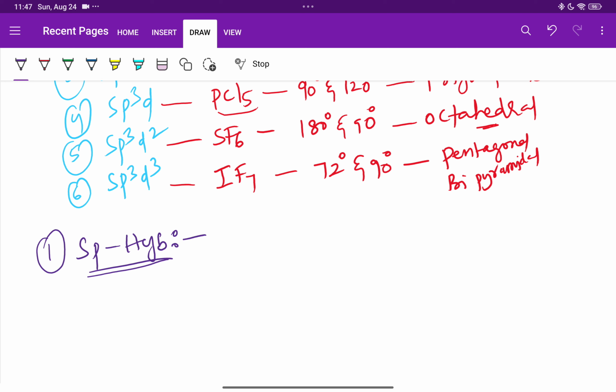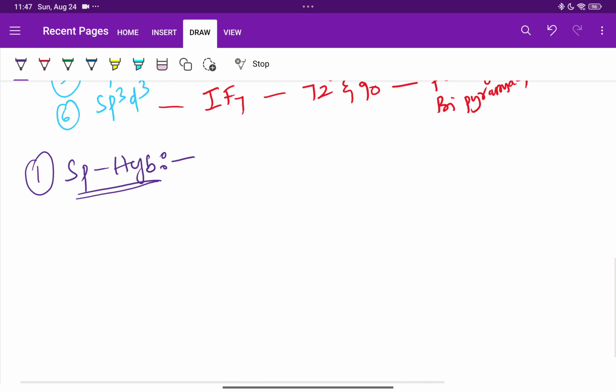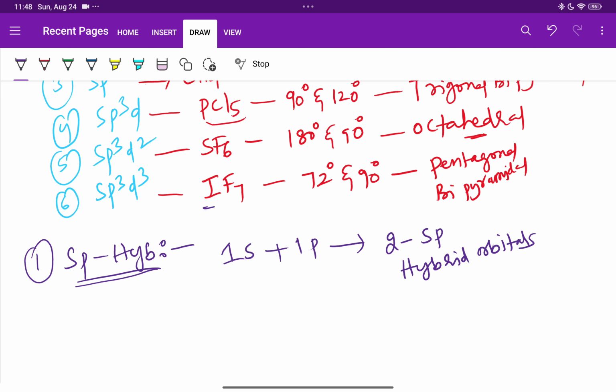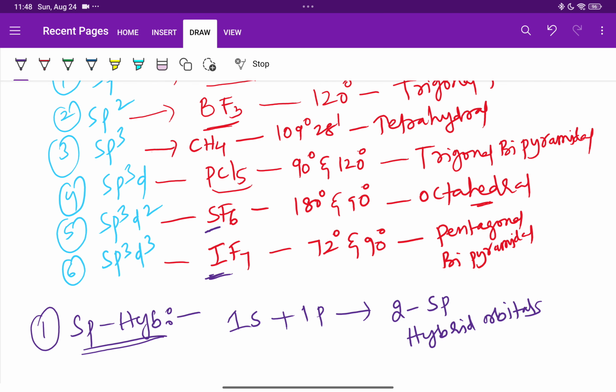So what is the meaning of sp hybridization? Very simple. Intermixing of one s atomic orbital and one p atomic orbital will give two sp hybrid orbitals. Actually, I want to tell you that hybridization happens in the central atom in every molecule.